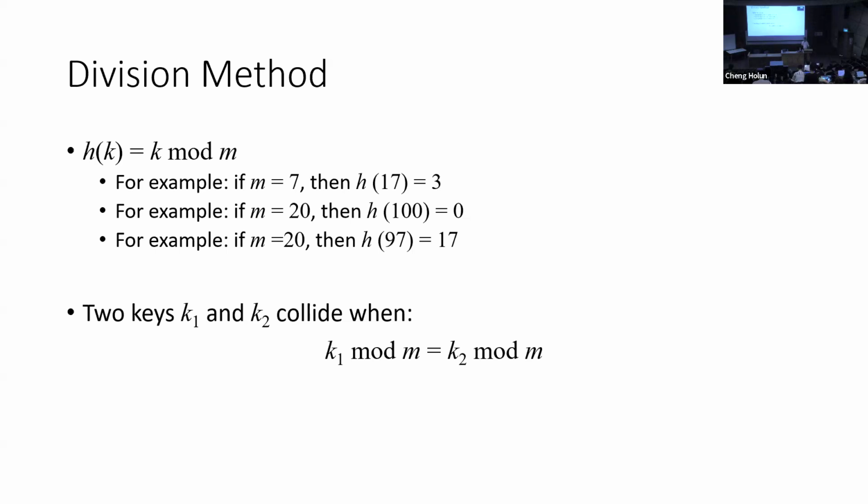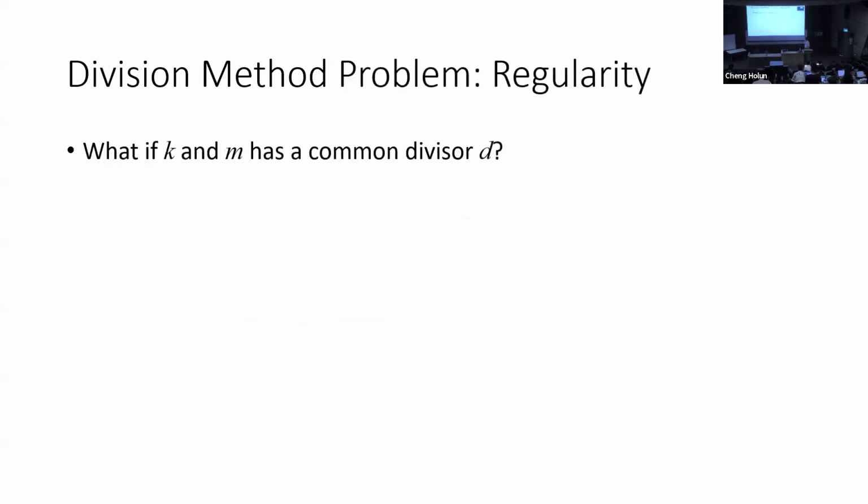Go back to this. Two collisions will happen like that. Collision is unlikely if the keys are random, but what if your table size and your key have a common divisor, a common factor? That means they're both divisible by something.